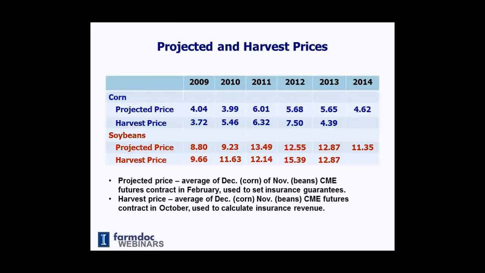Again, we have 2 days left to determine that. That will be lower. $12.87 was last year's projected price. Again, the last time we had a lower projected price than we will have in 2014 was in 2010.